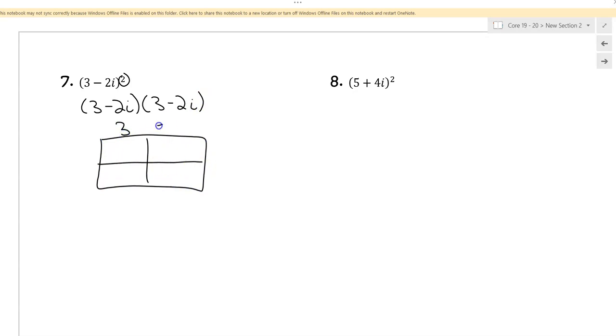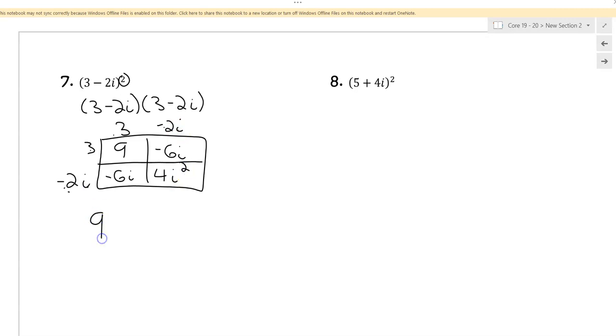So 3 times 3 is 9. 3 times negative 2i is negative 6i. Negative 2i times 3 is the same thing. Negative 2 times negative 2 is 4. i times i is i squared. So again, these problems really are the same.